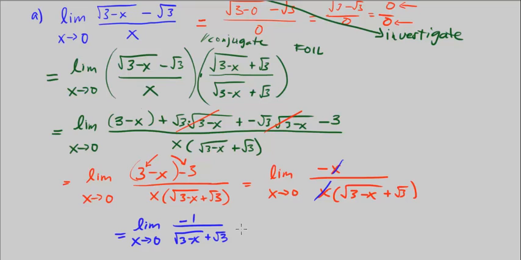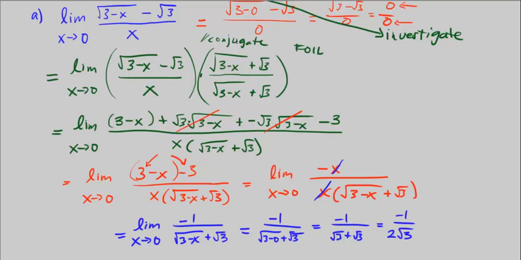Now we can plug in 0. That gives us negative 1 over, no longer having the limit, square root of 3 minus 0 plus square root of 3. That equals negative 1 over square root of 3 plus square root of 3, which simplifies to negative 1 over 2 square root of 3.